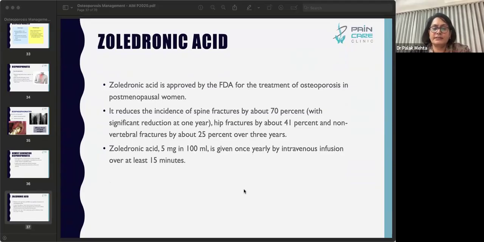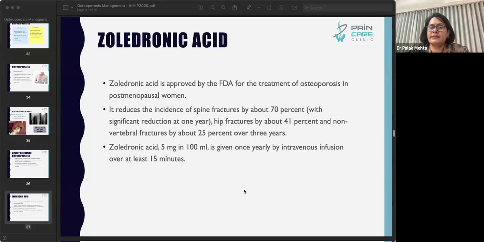It reduces the incidence of spine fracture by about 70%, with significant reduction at 1 year, hip fracture by around 4%, and non-vertebral fractures by about 25% if taken consecutively for 3 years.